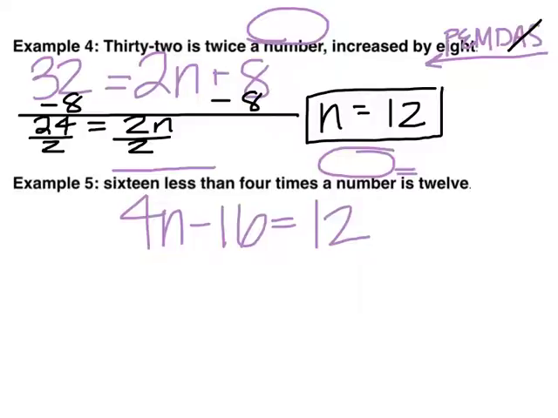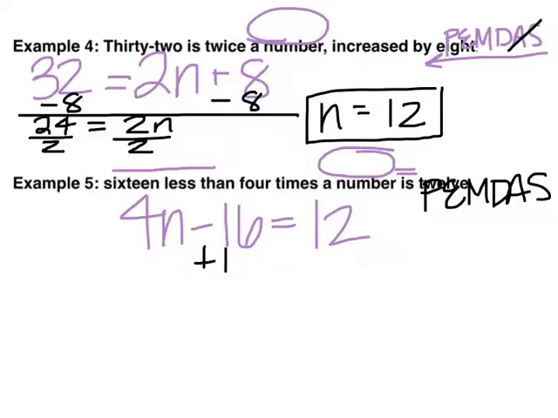Again, this is a two-step equation, so we use PEMDAS backwards. So we start with addition or subtraction. Here we have minus 16. So undo subtraction, we add 16 to both sides.